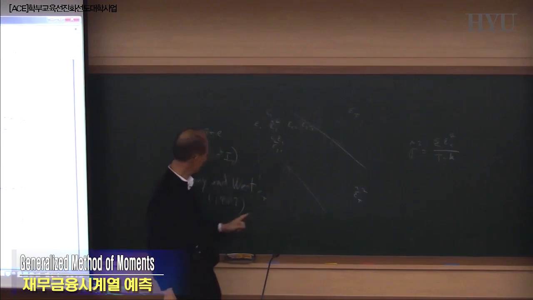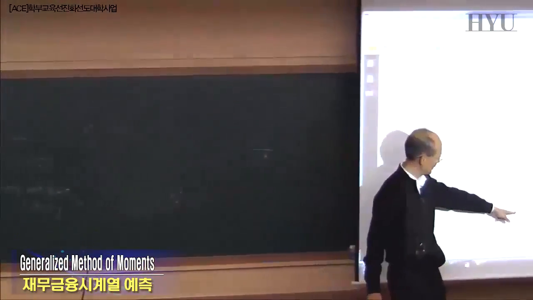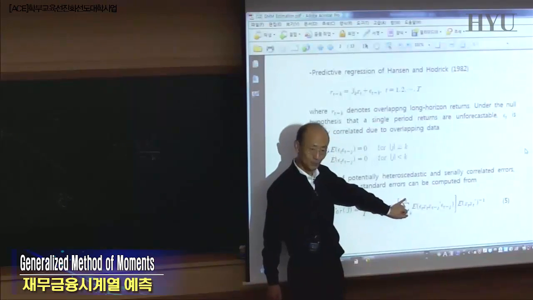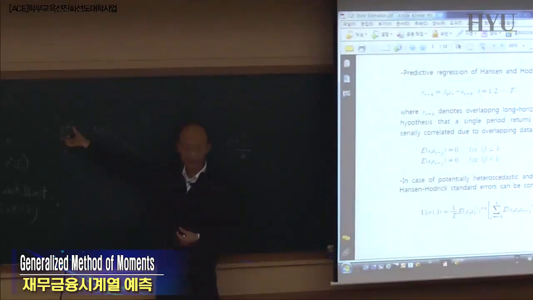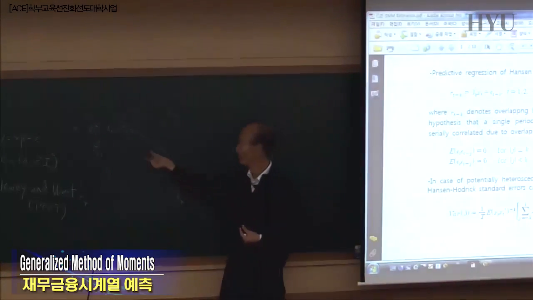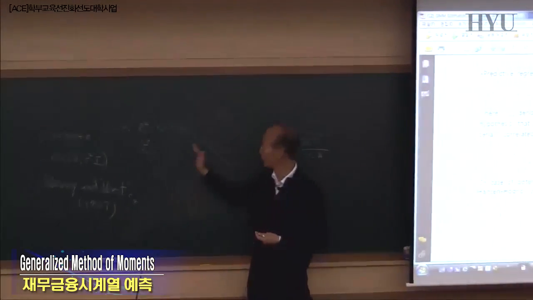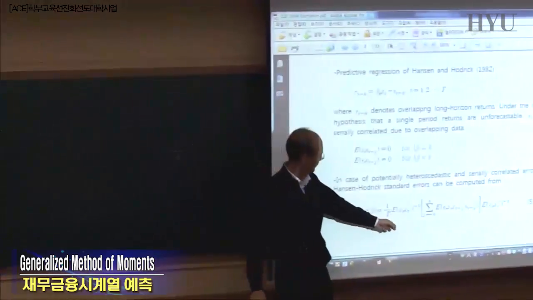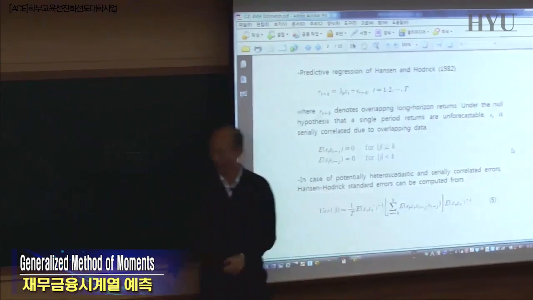Newey-West is basically the same as this one, but depending upon the value of k, they give different weights. This one has full weight, this one has a smaller weight, smaller weight, smaller weight. By doing so, the failing case of Hansen and Hodrick disappeared. So that's the contribution of this.